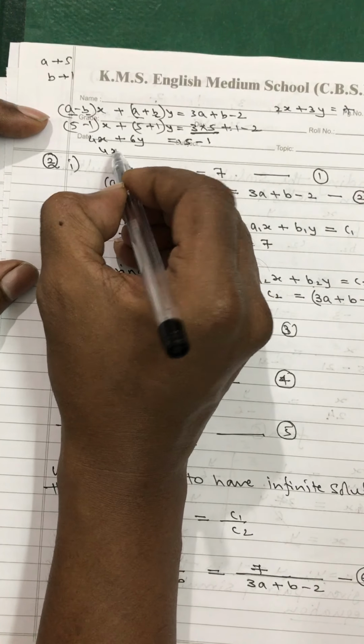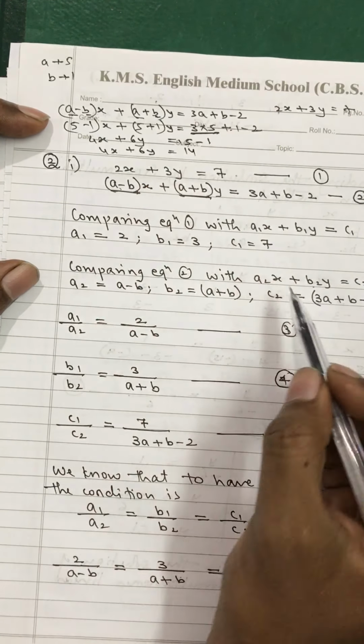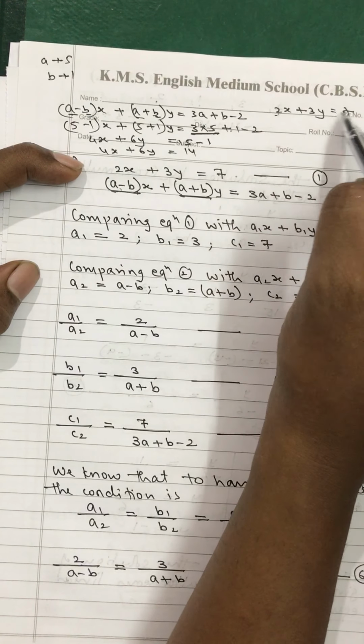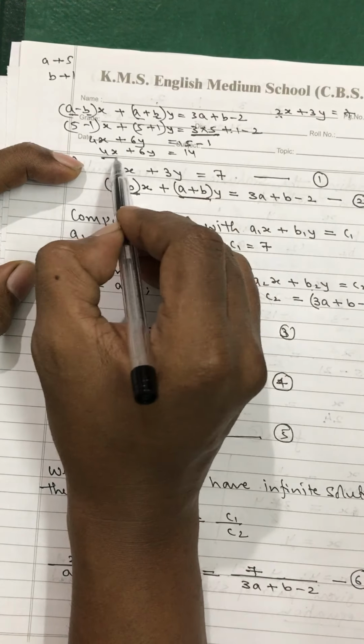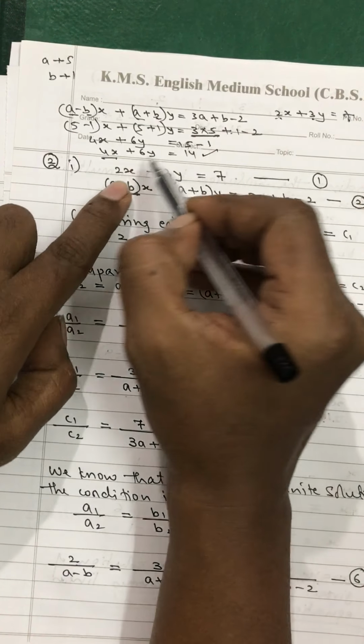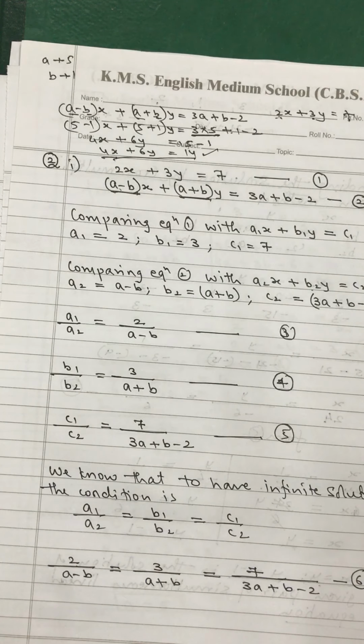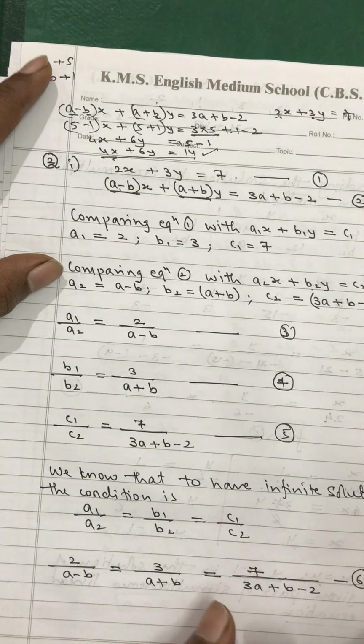So this will be 4x plus 6y is equal to 14. Now if I multiply this whole equation by 2, I will get 4x, 3 twos are 6, 7 twos are 14, right? This is definitely going to be your a1 upon a2 is equal to b1 upon b2 is equal to c1 upon c2. Okay, my dear students.